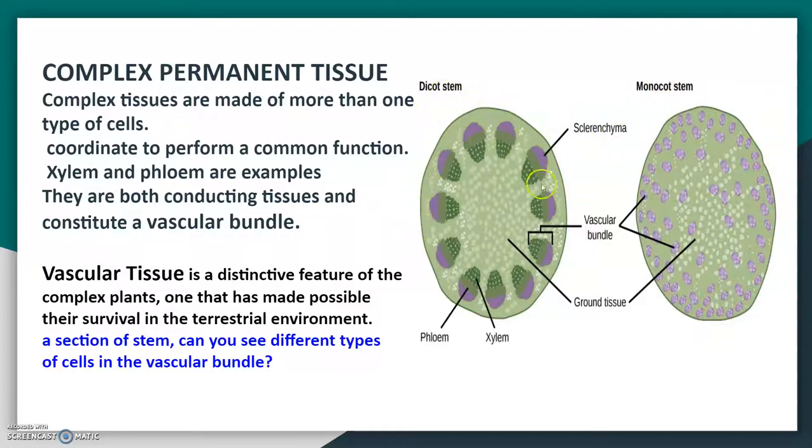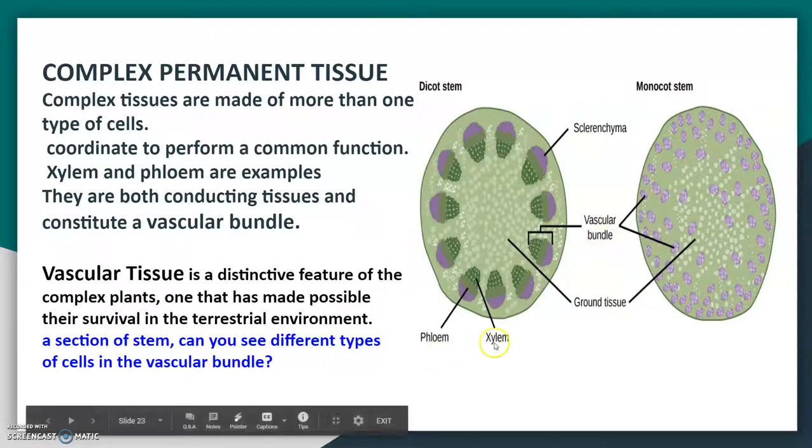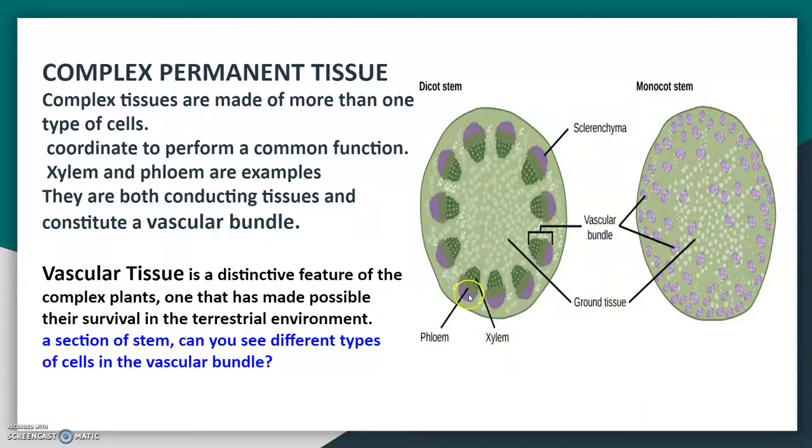In the dicot stem you can see they are arranged in a ring, whereas in the monocot stem they are all scattered. Now these vascular bundles consist of a layer of xylem and a layer of phloem. They also have some sclerenchymatous tissues, and the ground substance, which is made of parenchyma as well as sclerenchyma, is present.